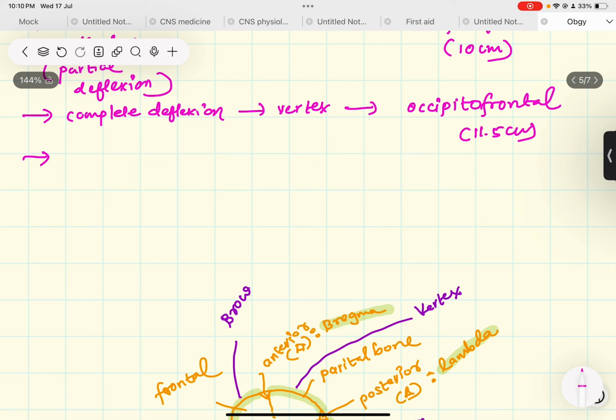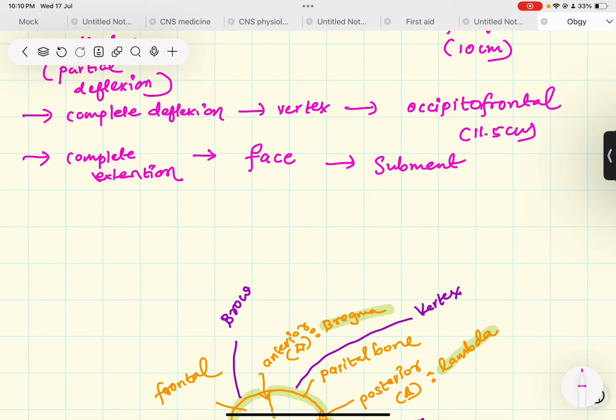Now we are going into extension. So first, complete extension. The presenting part will be face, and the diameter is submentobregmatic, that is 9.5 centimeter.